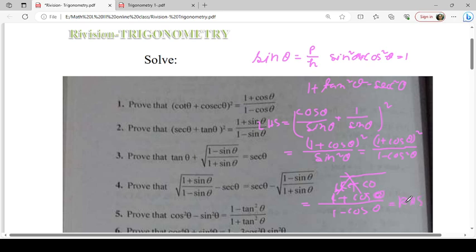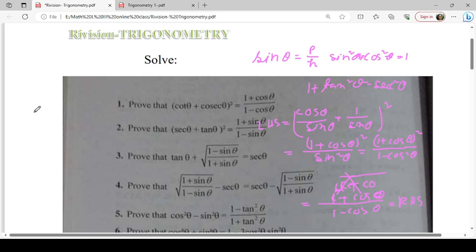So this is the proof. We are applying 1 minus cos square theta is sin square theta. Then it is a square minus b square form, so it is a plus b into a minus b. Similarly, number 2 is the same.